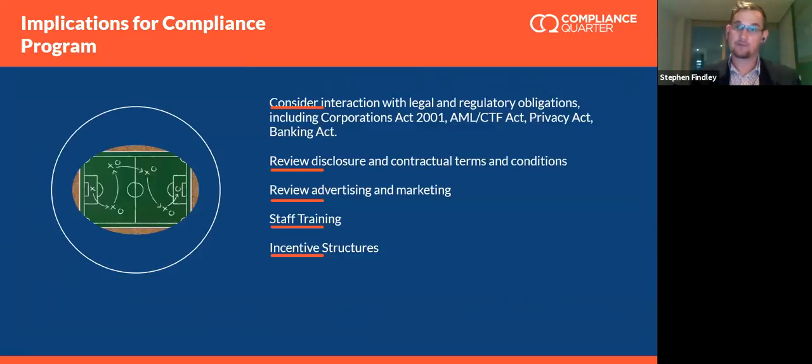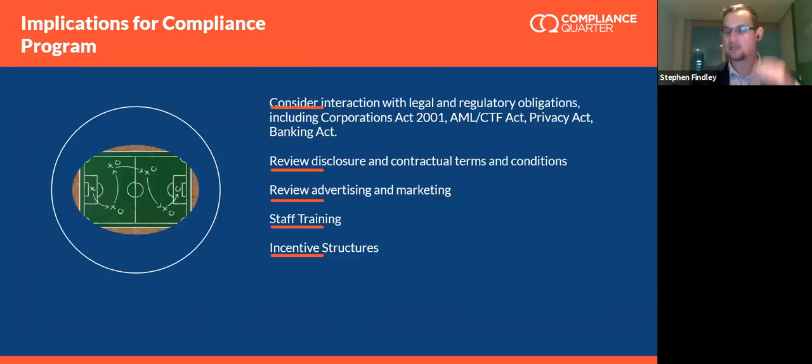So in terms of that feature of the codes, that they are aspirational documents for both banks and online lenders, they need to consider how that code is going to interact with their other legal and regulatory obligations within their own compliance management system. So the bank needs to think about how these obligations relate to the obligations they also have under the Corporations Act.